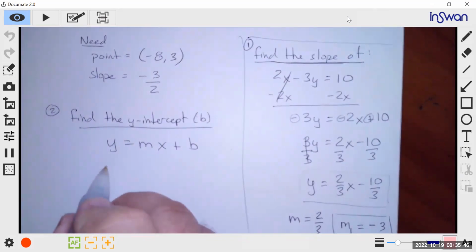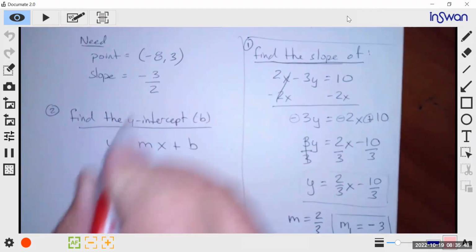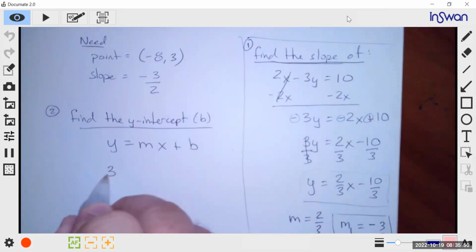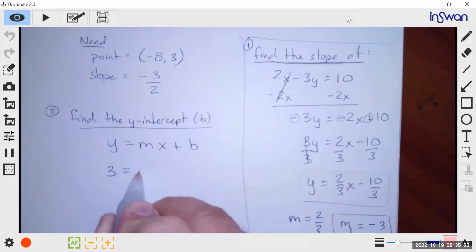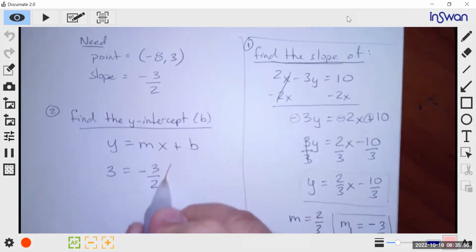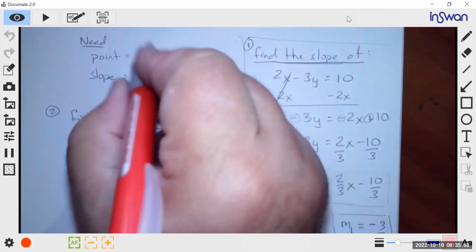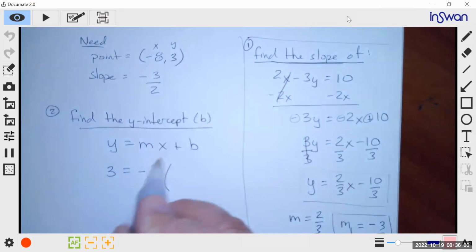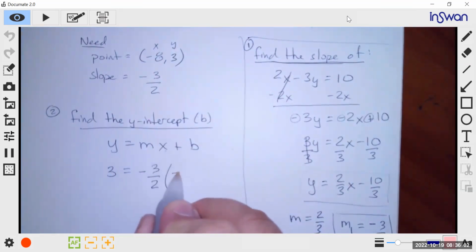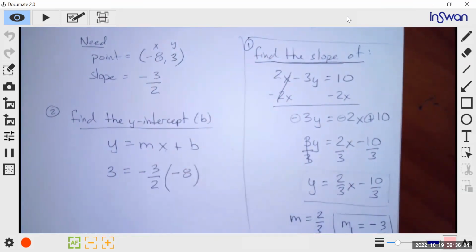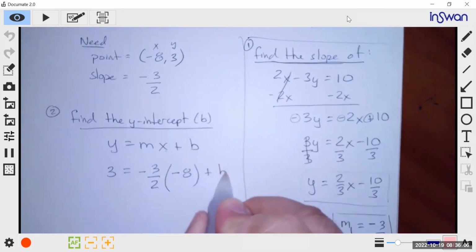What is y? This is the y value. M is -3/2. That's your slope. This is the x and the y. So the x value is -8 plus b.